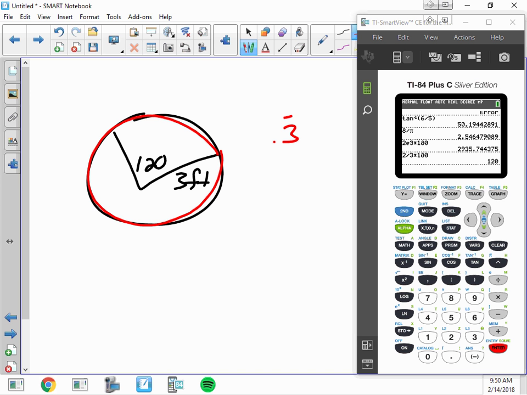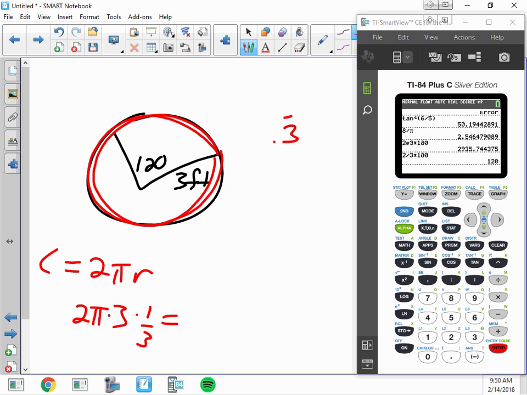What is the whole circle? Well, I mean in circumference. Circumference is, what's the distance all the way around? It's 2 pi r, and r is 3. So we would have to do 2 pi times 3, and then times that by 1/3, and that would give me the arc length. That was pretty annoying, right?